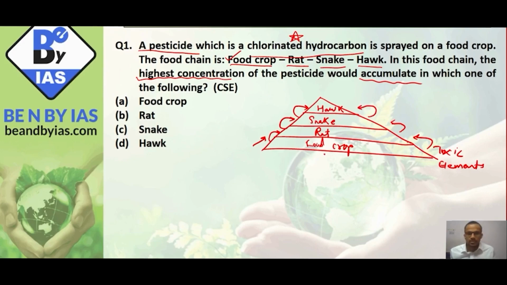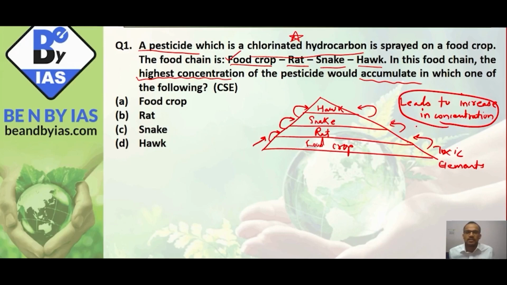Right? And this principle of transmission of toxic elements from one trophic level to another trophic level leads to increase in concentration. So this toxic element in the form of this particular pesticide, its concentration increases as it is transmitted from one trophic level to the subsequent trophic level, and this concept is known as bioaccumulation.